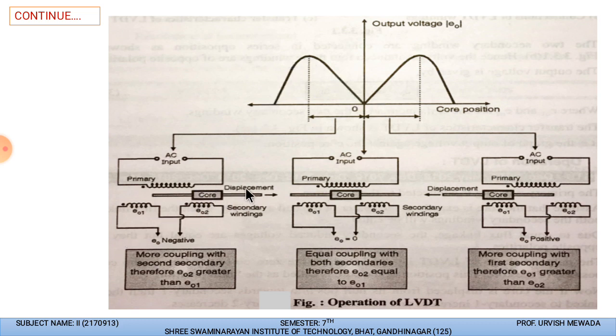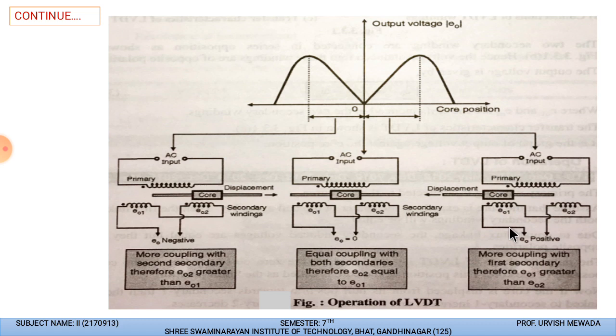And suppose the object which is connected moves in this direction, we can have this output voltage according to the movement of the object. Now suppose we consider this core moving in this positive x direction, the direction in which we get a positive output. Over here you can see that this core is in front of E01. E01 is maximum when the core is in front of E01.